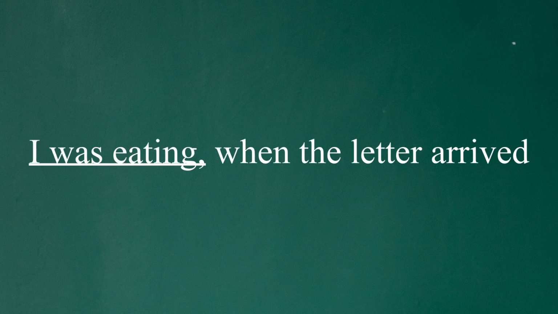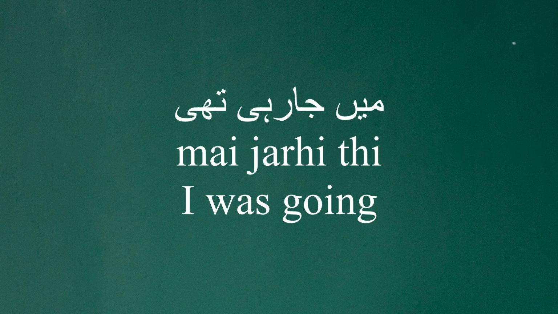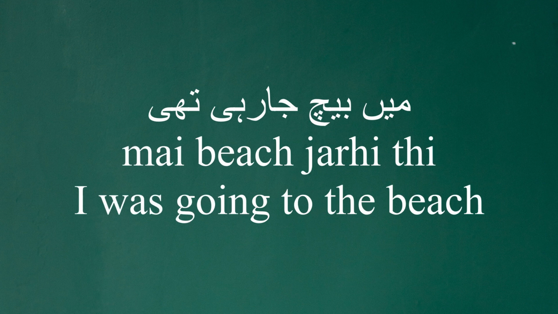So I was eating, I have been eating, or I was working, like something you're doing before the present moment. I was going to the beach. मैं जा रही थी. I was going. मैं जा रही थी. मैं बीच जा रही थी. I was going to the beach.